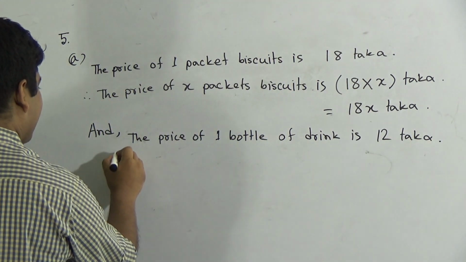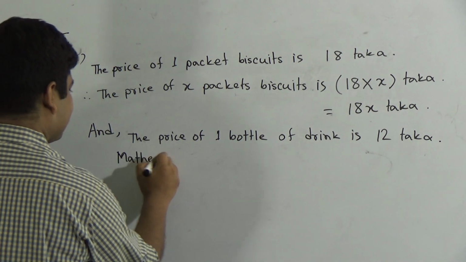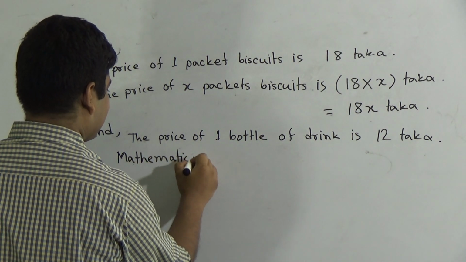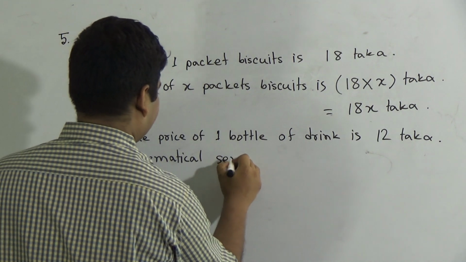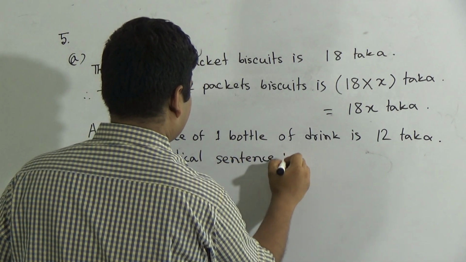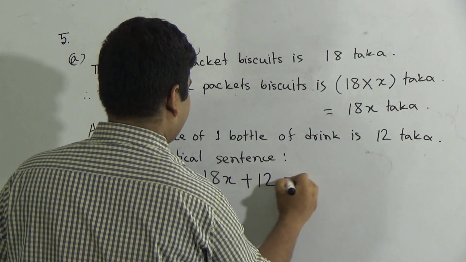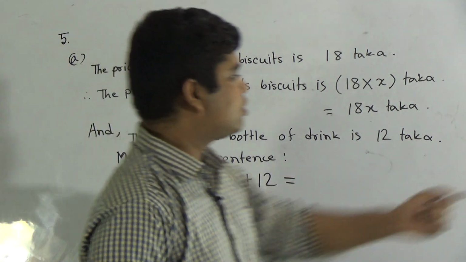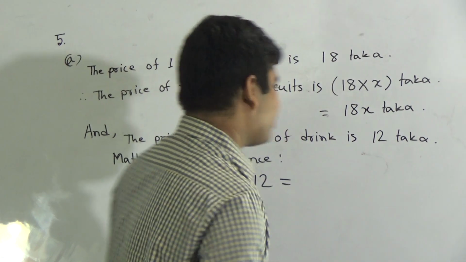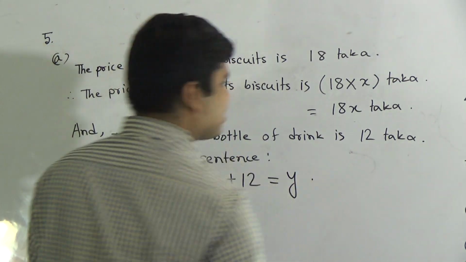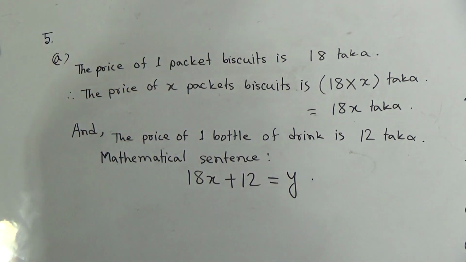Now we write the mathematical sentence, which is 18X plus 12 equals Y taka. So we write here Y, and this is the answer. That means this is the mathematical sentence.